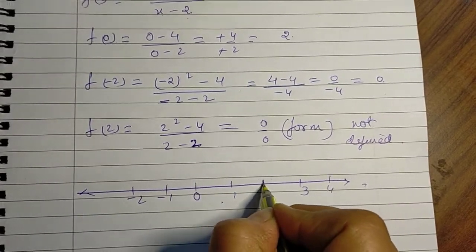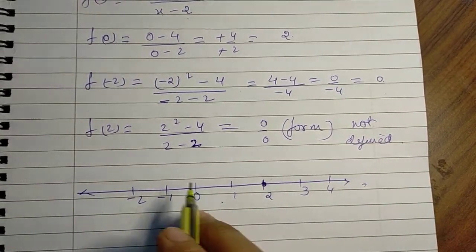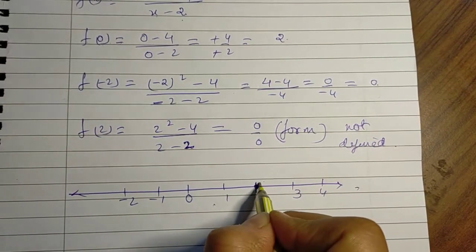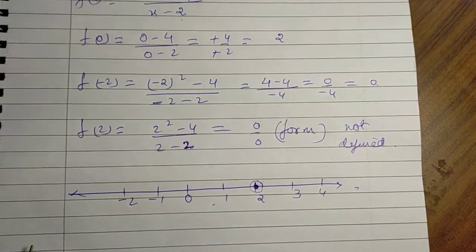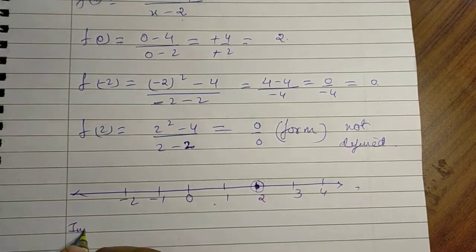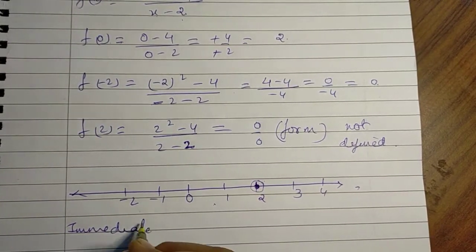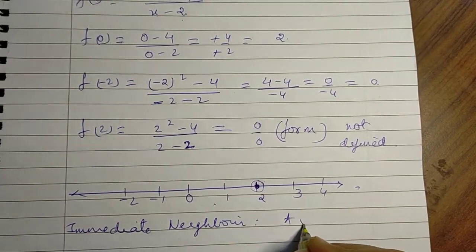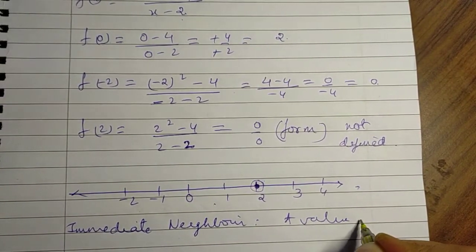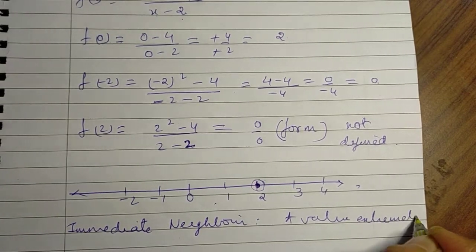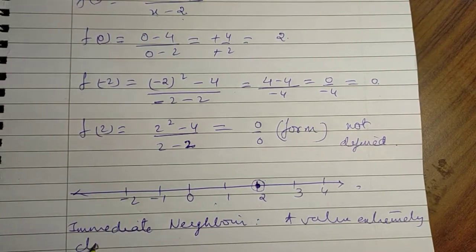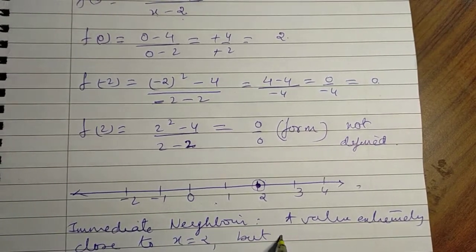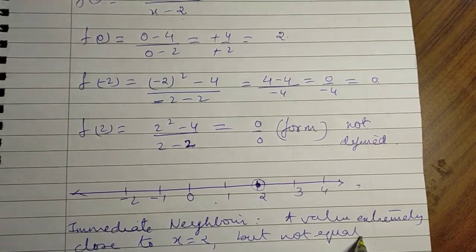Now instead of taking the value of the function at 2, what we do is we take it in the immediate neighborhood, and by immediate neighborhood we mean a value extremely close to x equal to 2 but not equal to 2.